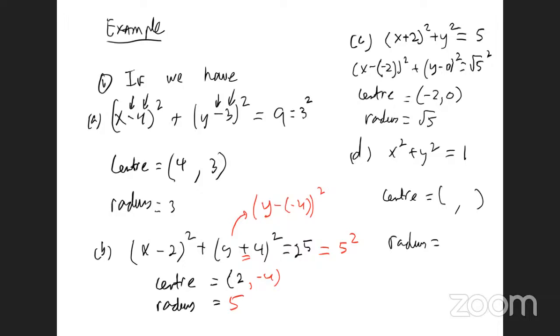Look at the hint here. When it was y squared, the y value was what? When it was y squared, the y value was 0, right? If it's x squared, the x value is what? And if it's y squared, the y value is what? 0 is 0, right? What's the radius, Imran? What's the radius here? 1, right? The radius is 1.